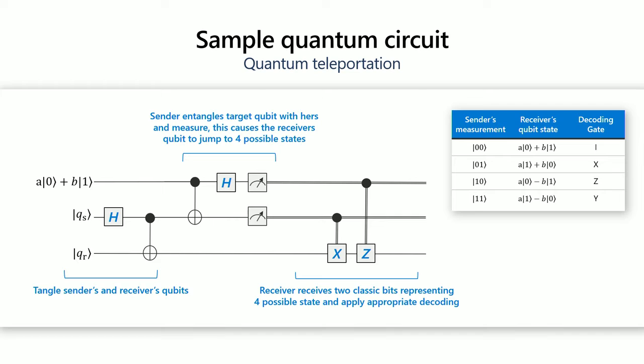There's no way to copy it, because you can't see inside of it. What you can do, though, is transfer it from one particle to another. In the process of transferring it, though, you destroy the state of the original one, and you collapse it. But you can move the state to another particle. And that's called quantum teleportation, taking the state of one particle and transferring it to another one.